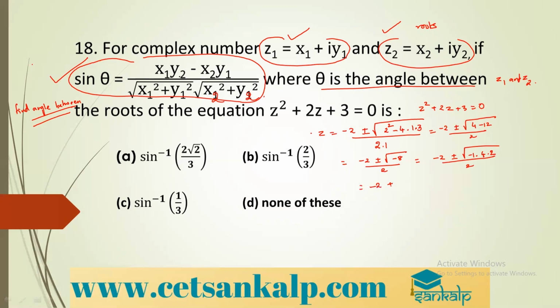Square root of minus 1 is i, square root of 4 is 2, and then root 2 by 2. If I take 2 common, I will have minus 1 plus or minus i root 2 by 2. I can cancel this. So the two roots are Z1 equals minus 1 plus i root 2, Z2 equals minus 1 minus i root 2.